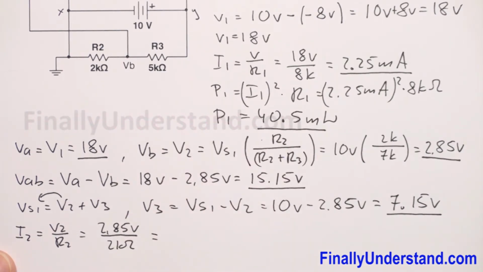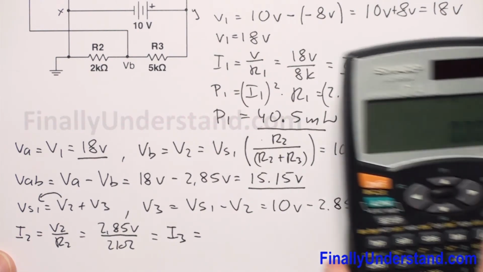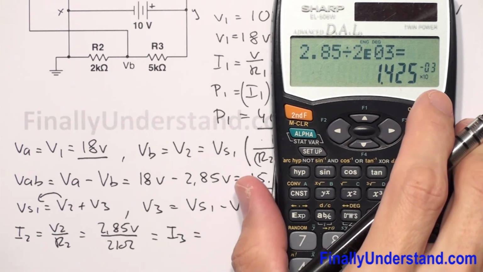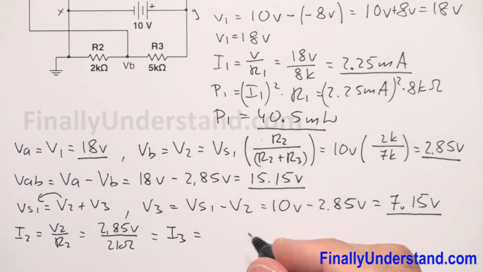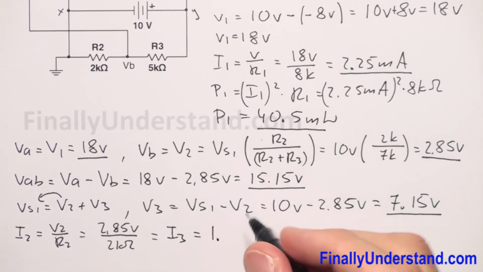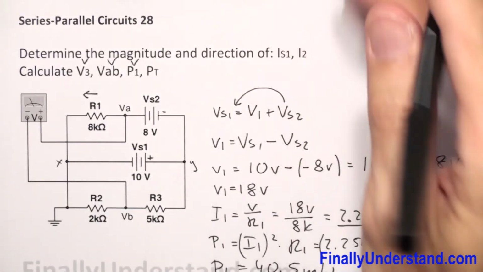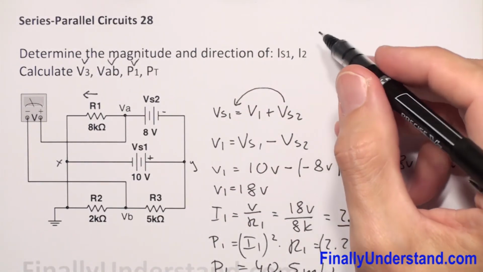So this is equal, by the way, this is also equal to I3. So I have 2.85 divided by 2 times 10 to the 3 is equal 1.42 milliamps. Okay, so we found I2.